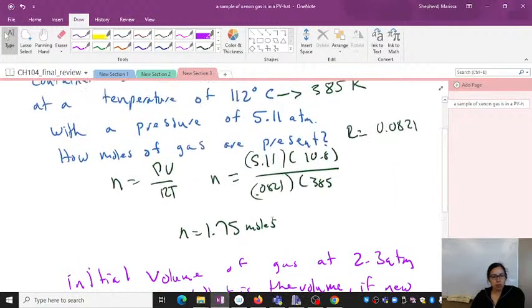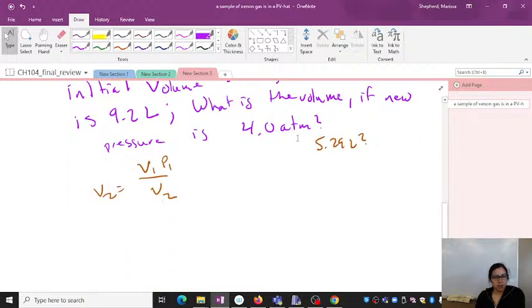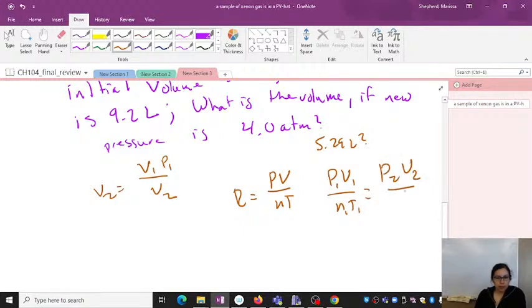But there's also, so don't forget, you can take this PV equals nRT and set it to R, which gives you PV over nT. So that way you don't have to remember anything. These things cancel, leaving you with P1V1 equals P2V2. So then you just rearrange.